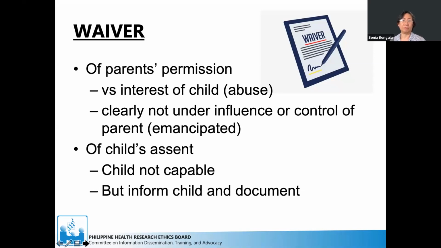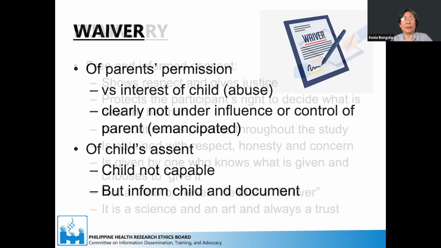A child is not capable of fully understanding the informed consent. And that's why we need a legally acceptable representative or a proxy consent. But still, the child should be informed about what is to be done to him or her. Okay, and it should be documented.